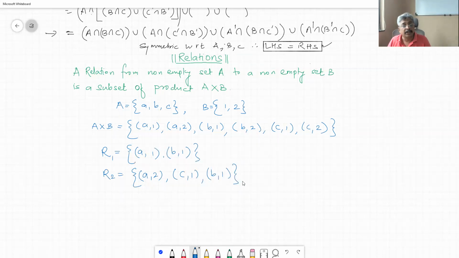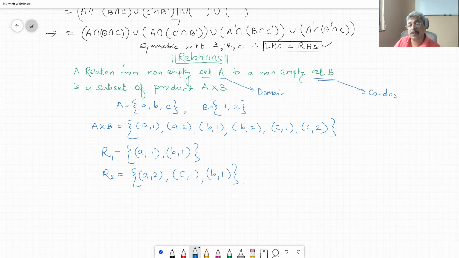This is what a relation is. Relation is from, of course, non-empty set A to non-empty set B. This is called domain. This is called codomain. And you select any subset of A cross B.